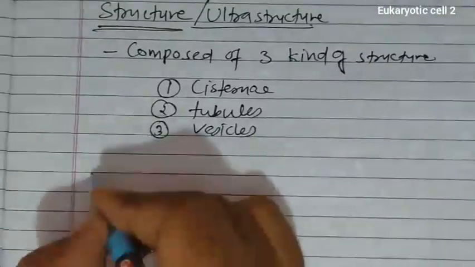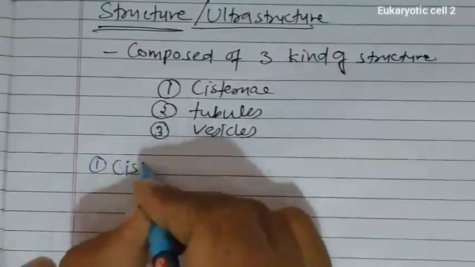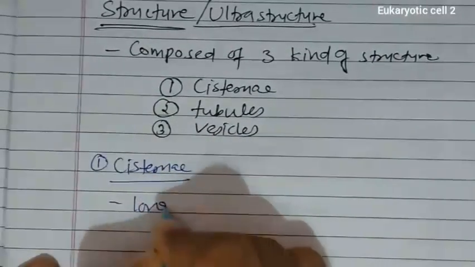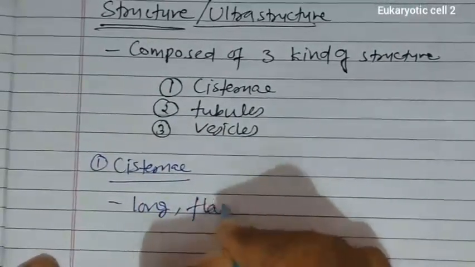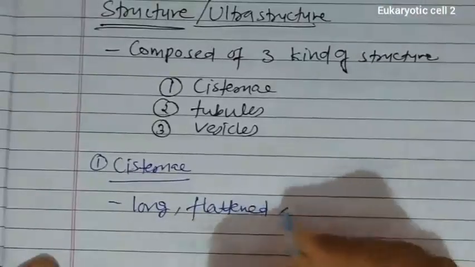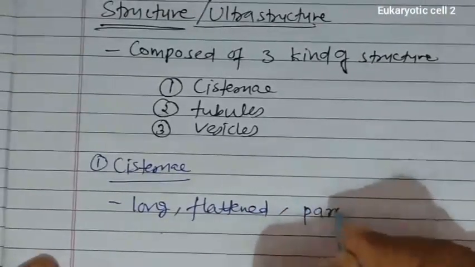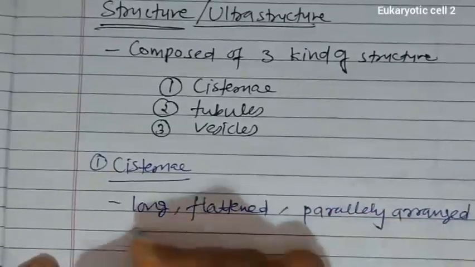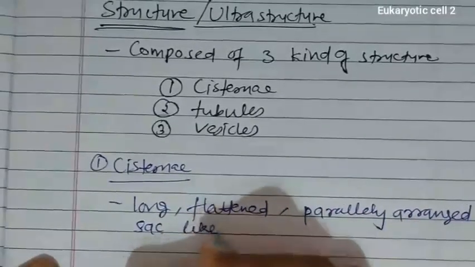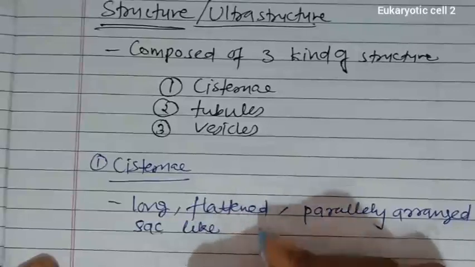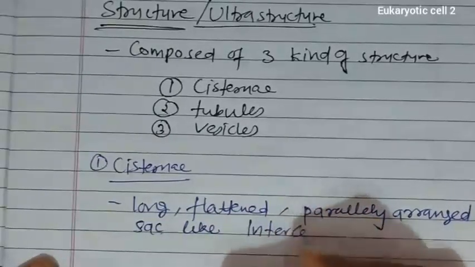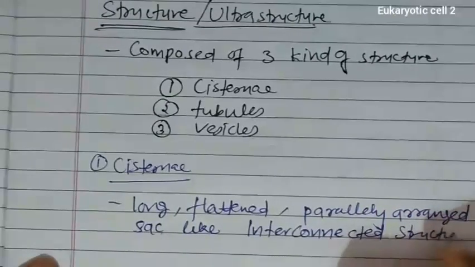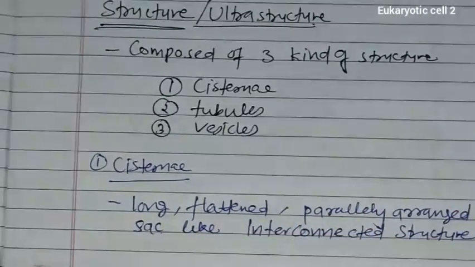If we talk about cisternae first, the cisternae are a long, flattened, parallelly arranged, sac-like interconnected structure.